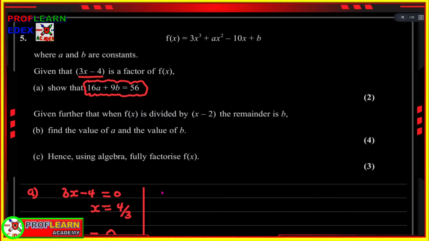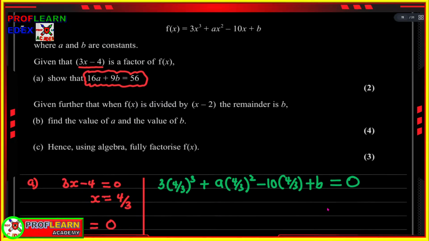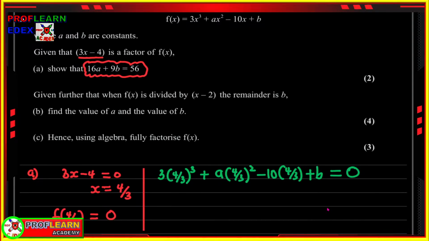So we are going to say 3 times, our x is 4 over 3 cubed, plus a into 4 over 3 squared, minus 10 into 4 over 3, plus b, and that should give us 0. Now we need to simplify whatever we're having here, because 4 over 3 cubed is going to be what?